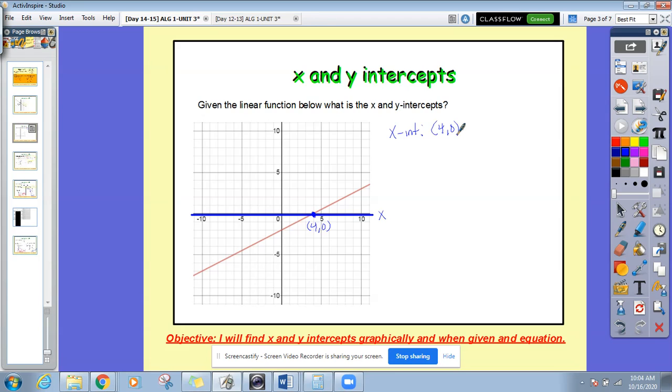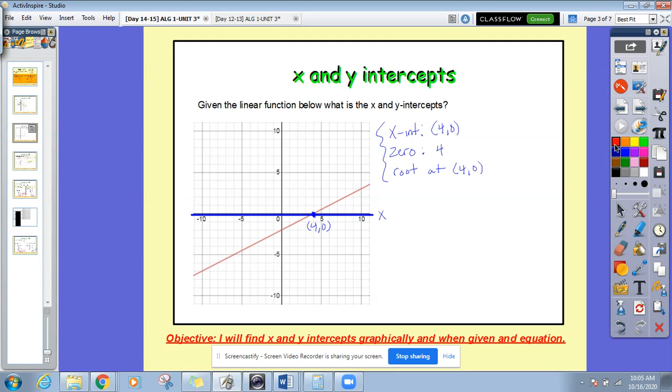Or we can also say that the zero of this function is 4. Or we can say this function has a root at (4, 0). All of these are the same thing. So intercepts, zeros, and roots are all the same thing for x-intercepts, okay?